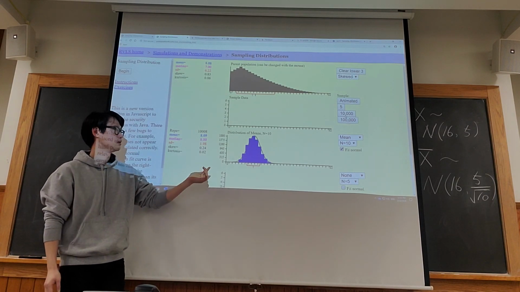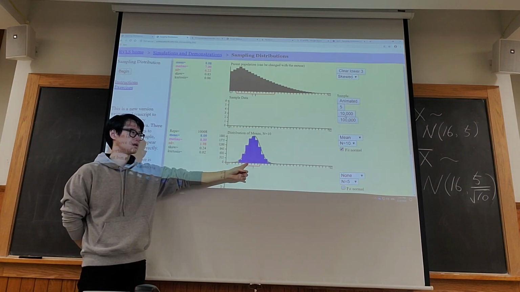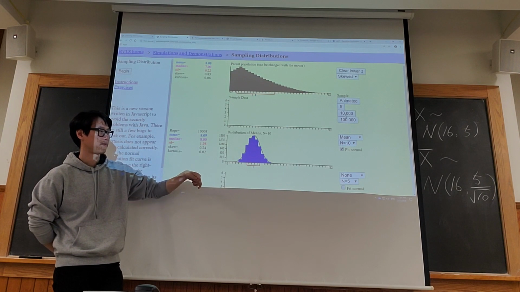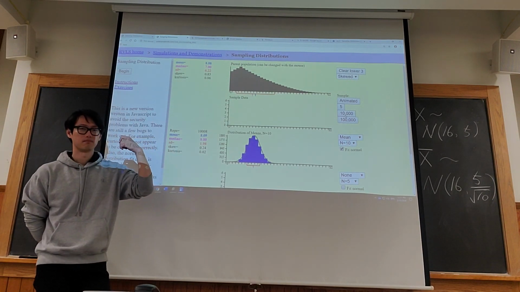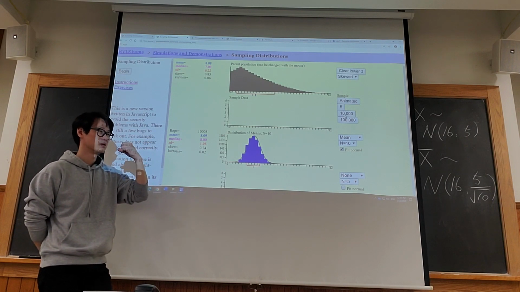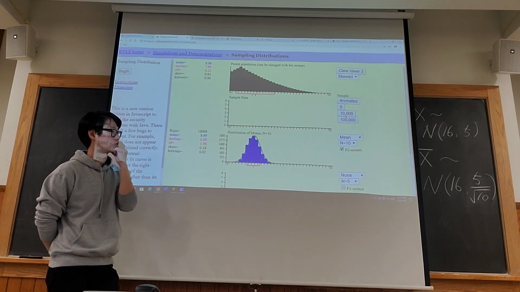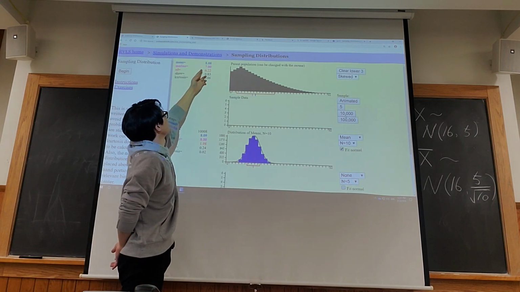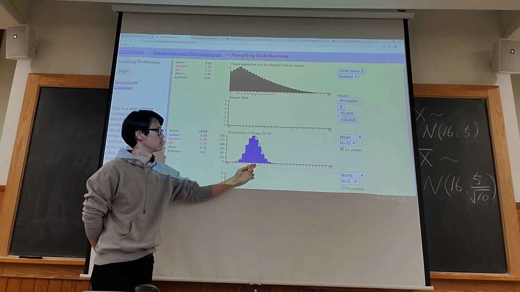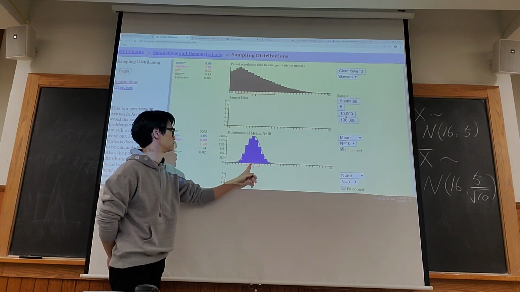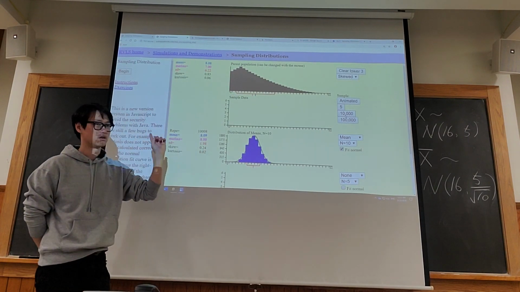And what is the mean of this distribution? It will be the mean of the population distribution. So we have 8 for the population mean, so the location center of this distribution will be 8 also.